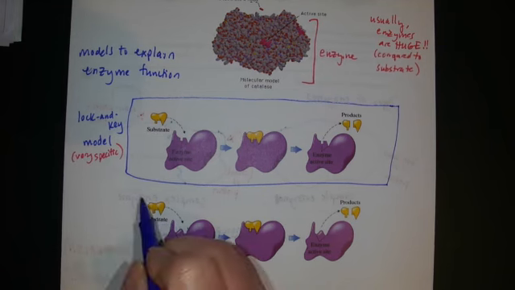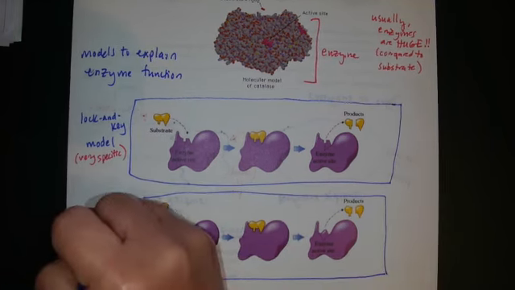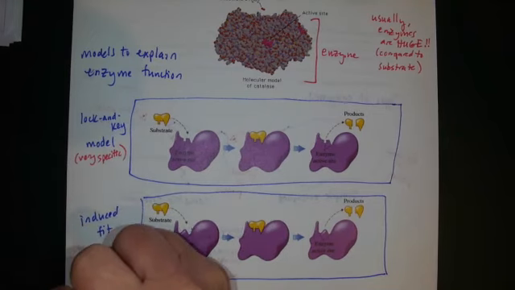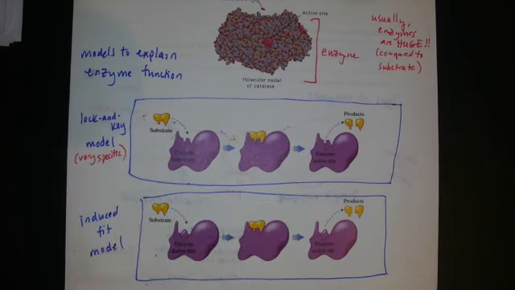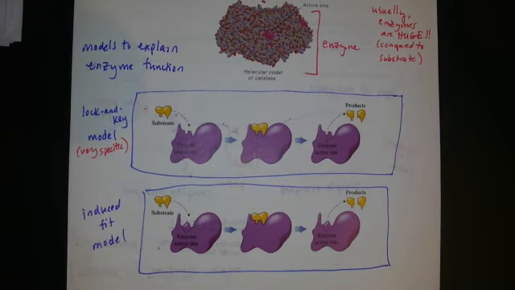The other type of enzyme function is referred to as the induced fit model. Think about what that word induced means, and maybe we'll think about it in the context of something medical. If a woman is pregnant and getting ready to deliver her baby, sometimes the medical doctors need to induce labor.